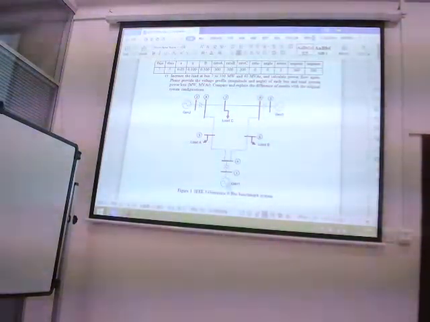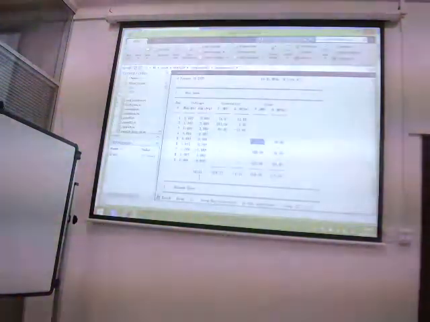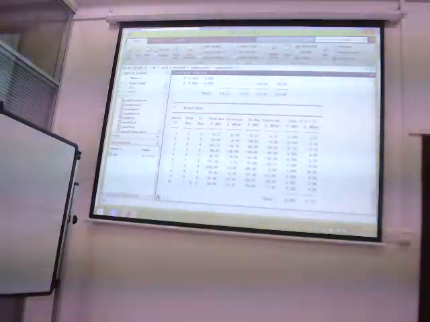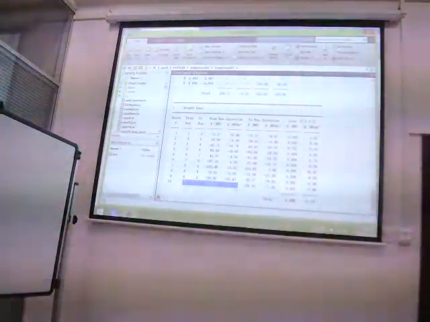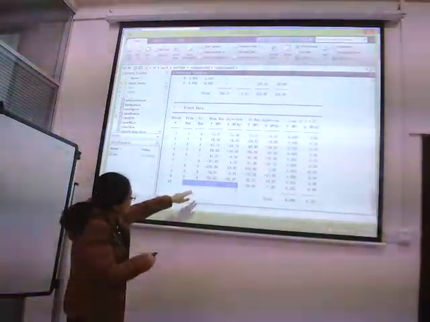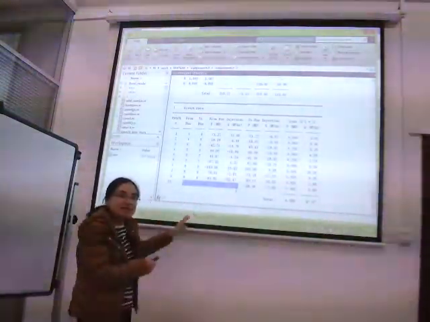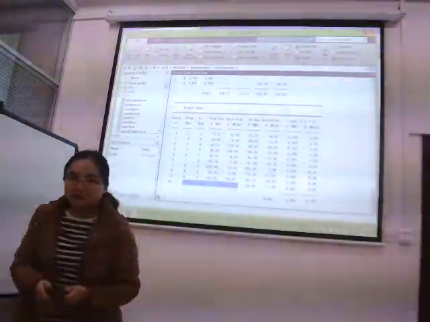Now we can see the branch data. The power transferred from bus 7 to bus 5 is positive here. It means power is transferred from bus 7 to bus 5.